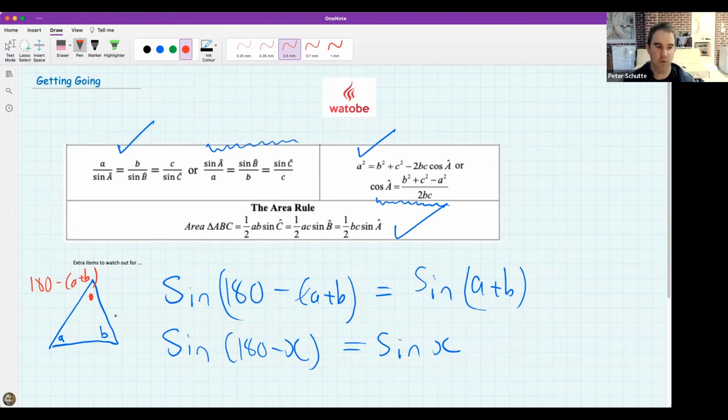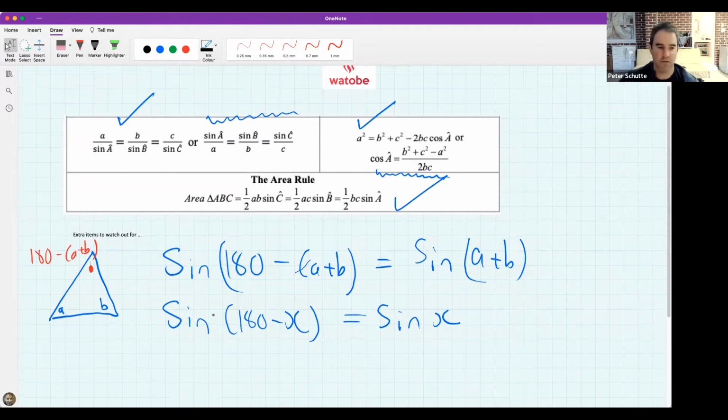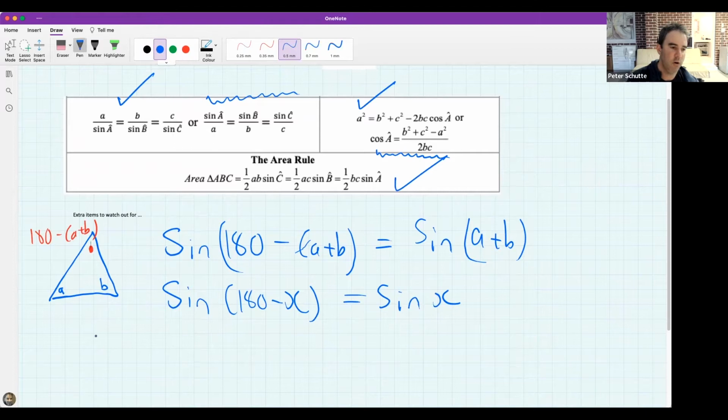The other thing to know is that when we deal with triangles, we also have the exterior angle of a triangle theorem. So basically, the exterior angle of a triangle is equal to the sum of the interior opposites. So those 2 added together will give you the big green one on the outside. So that's something to bear in mind.